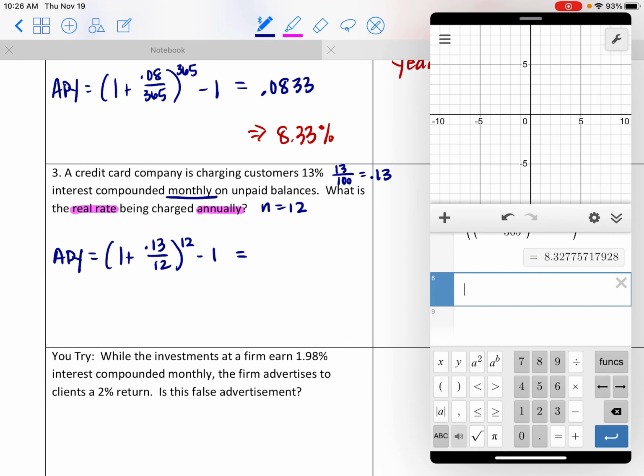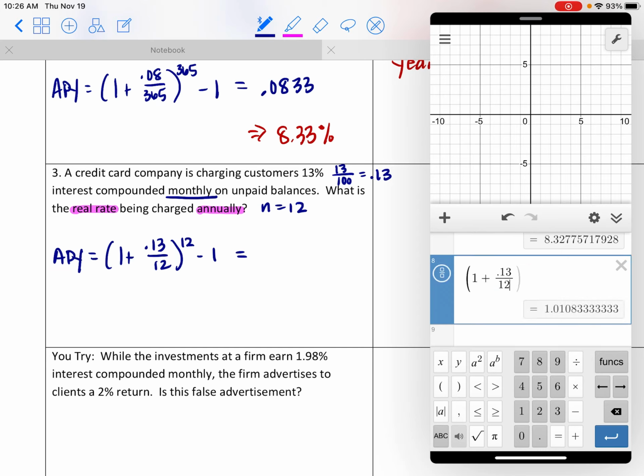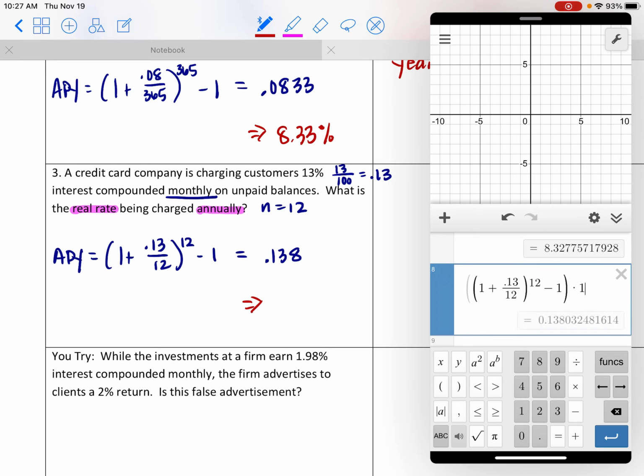So what do we end up with, or where do we end up at? Sorry guys, no English major here. Okay, raise that to the 12th, and then let's take 1 away. And so the formula spits out for us 0.138, and that is, again, if you want to multiply by 100 because you have a hard time looking at it, totally fine.